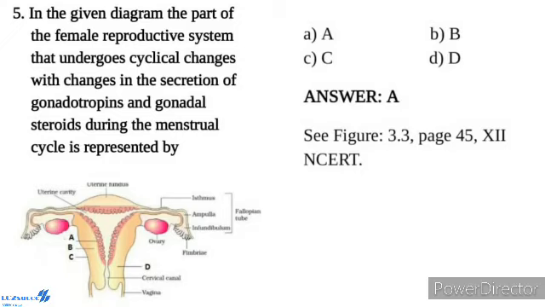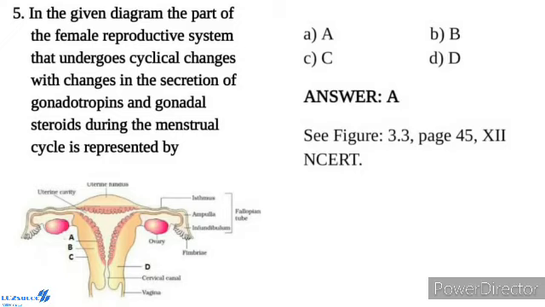Mons pubis is a cushion-like fatty tissue covered by skin and pubic hair. Labia majora are fleshy folds of tissue which extend down from the mons pubis and surround the vaginal opening. The labia minora are paired folds of tissue under the labia majora.